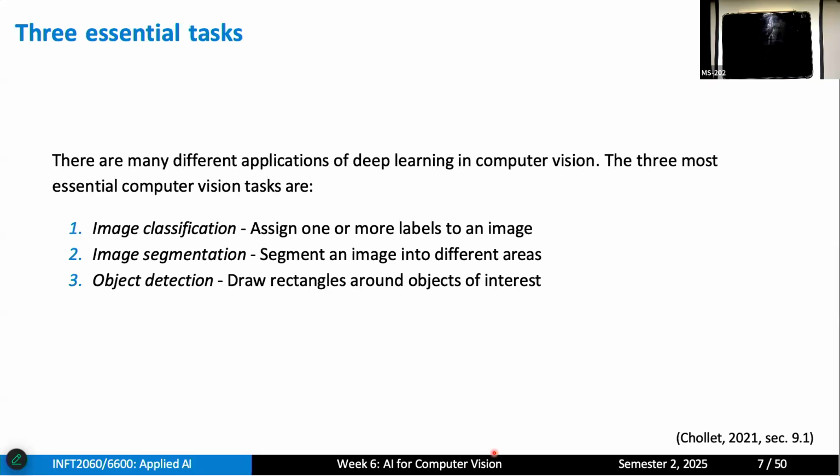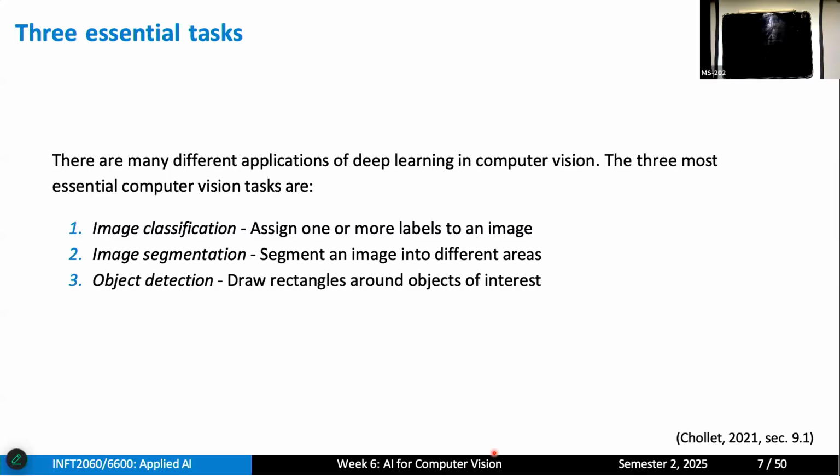The outputs are different as well. The image classification output could be labels for the entire image. The image segmentation output could be a mask for a few areas, or also labels for the segments of the image. But for object detection, what is the output?